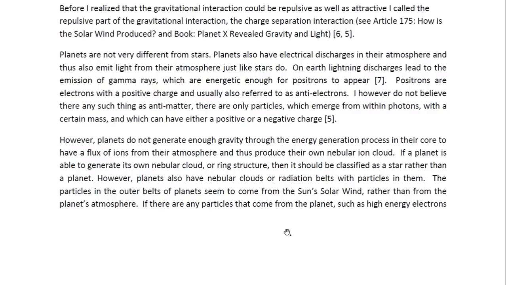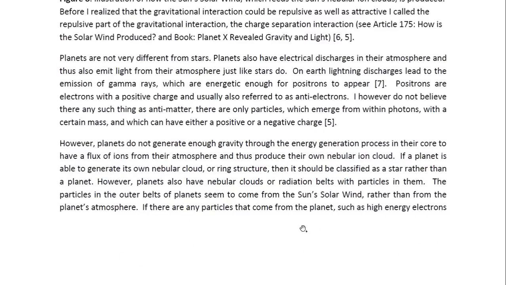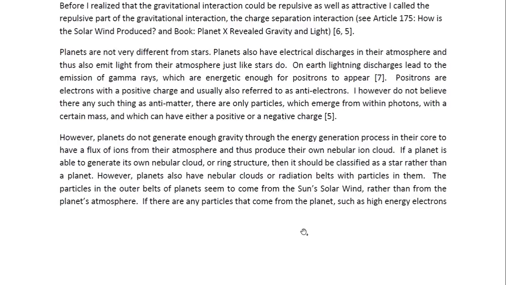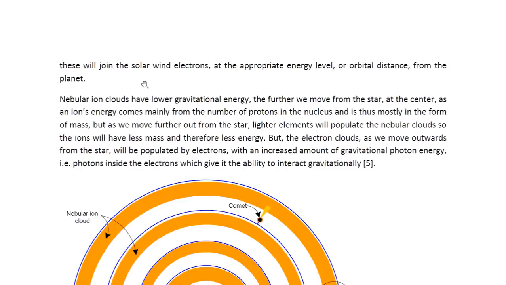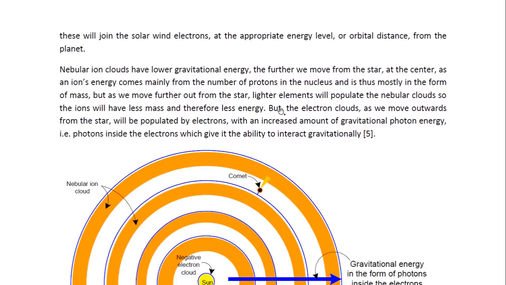However, planets also have nebula clouds or radiation belts with particles in them. The particles in the outer belts of the planet seem to come from the sun's solar wind rather than from the planet's atmosphere. If there are any particles that come from the planet, such as high-energy electrons, these will join the solar wind electrons at the appropriate energy level, or in other words, orbital distance from the planet.